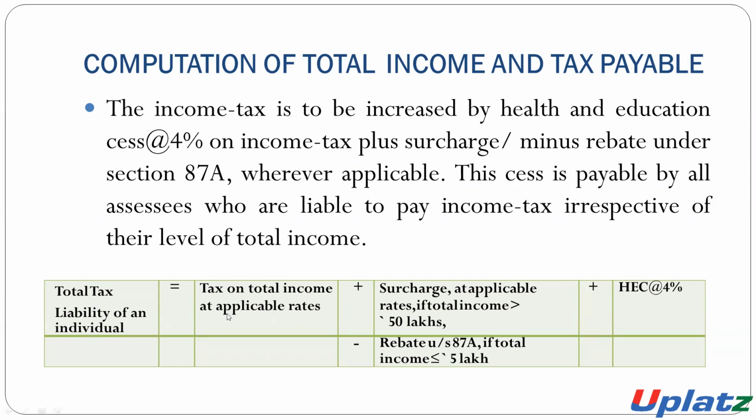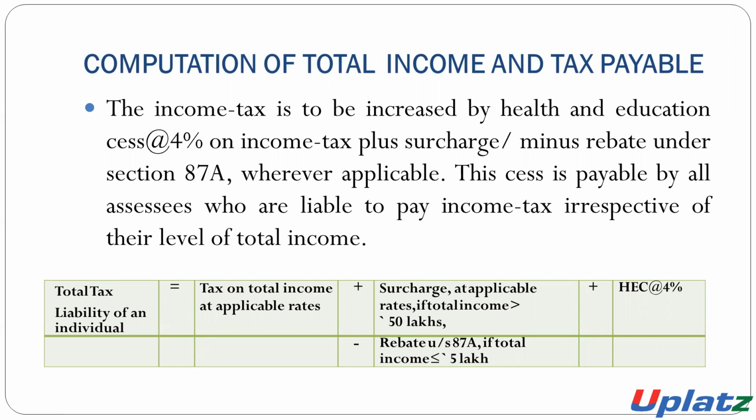Tax on income which is payable by the assessee, plus surcharge if applicable, means if the income is more than 50 lakh rupees, and we will reduce rebate under section 87A if any.